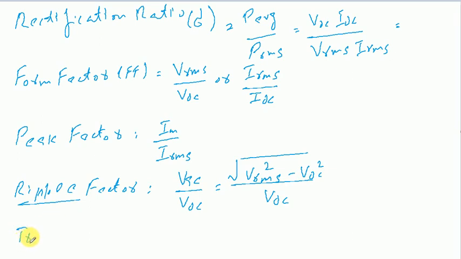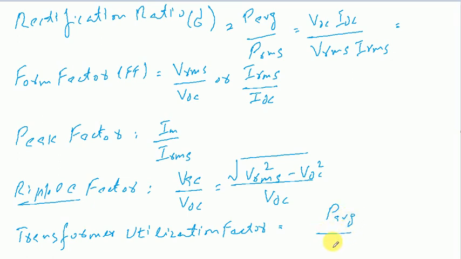Another term which may quite often be used in circuits where we also have a transformer used for isolation between the AC and the output or DC side is called the transformer utilization factor. The transformer utilization factor is basically the average or DC power across the load divided by the AC power, or the volt amperes, present on the secondary side of the transformer.